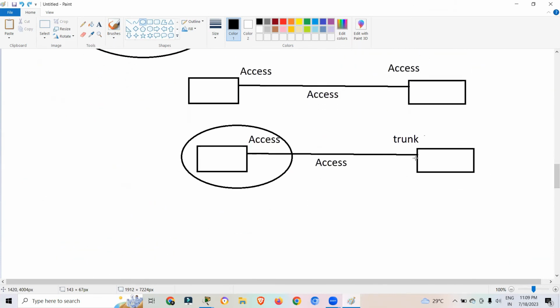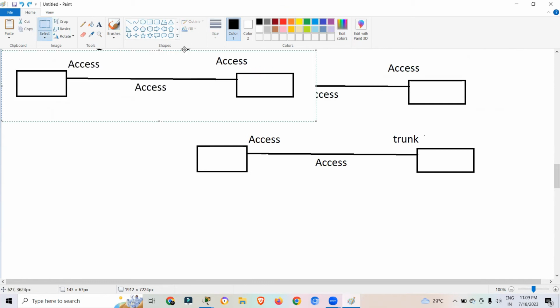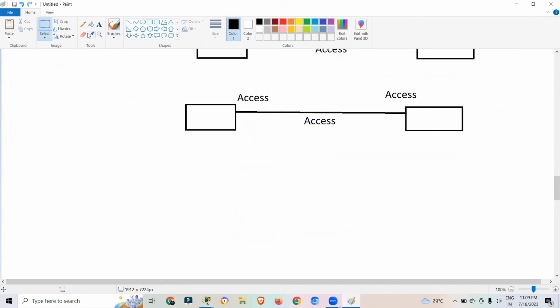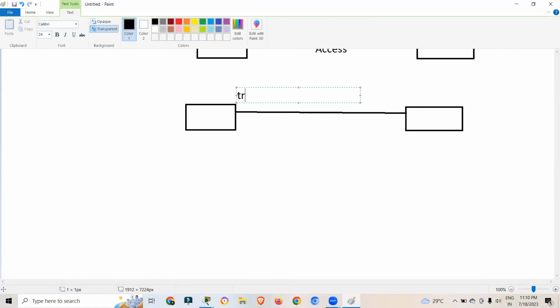Now let's come to the third one. If the administrator does the configuration something like this: trunk on both sides, like we did in our first example, the link will be in trunk mode, right?